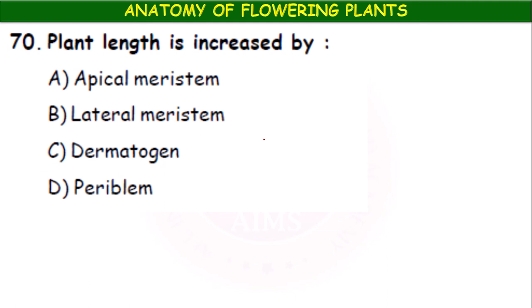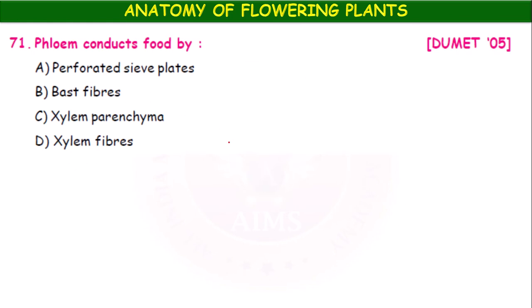The plant length is increased by apical meristem, lateral meristem, dermatogen, periblem. It is apical meristem. Phloem conducts food by perforated sieve plates, bast fibers, xylem parenchyma, xylem fibers. Perforated sieve plates conduct the food materials, sieve elements, especially in the phloem part.